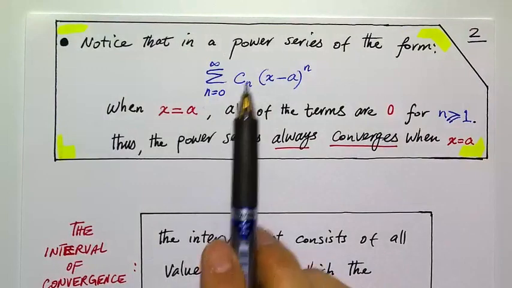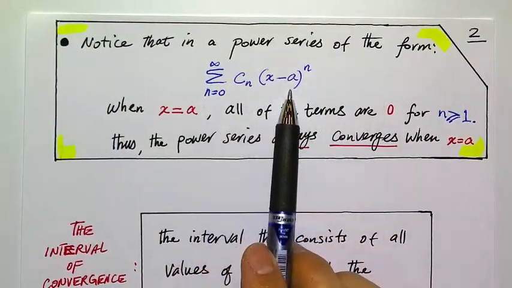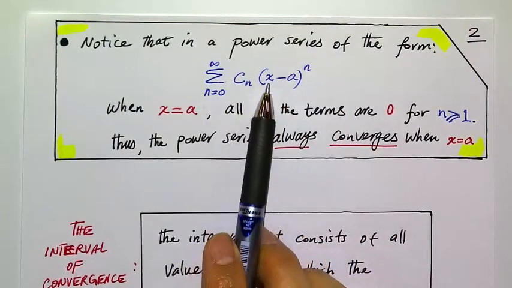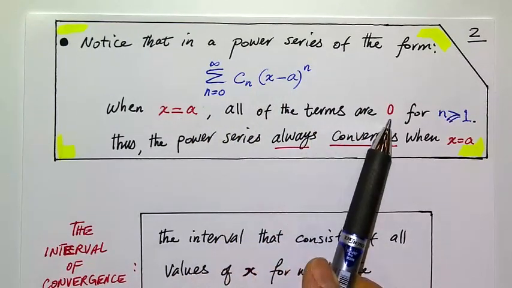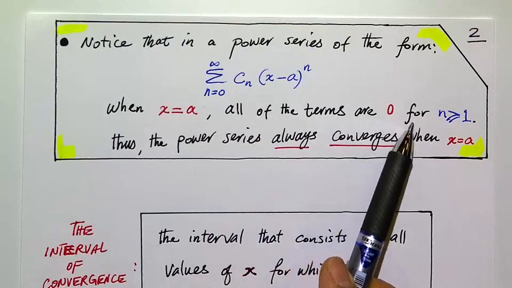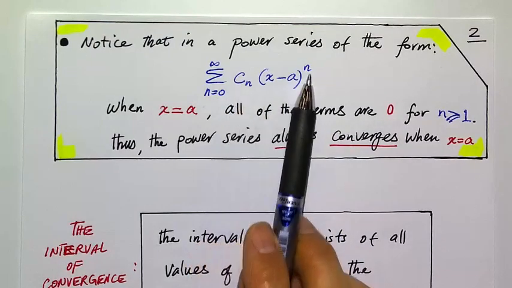Notice that in a power series of this form, when x is equal to a, all of the terms are 0. That is regardless of the coefficient and the power.